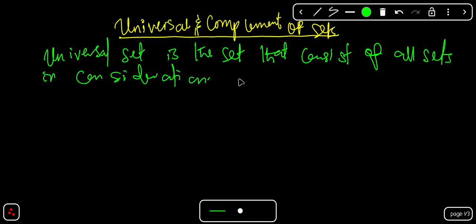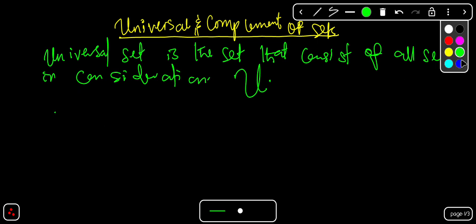So that is what we call a universal set, and it's represented using the symbol. Are we together? So a universal set is a set that consists of all sets in consideration. Now, let's talk about the complement of a set, then I will do some examples.